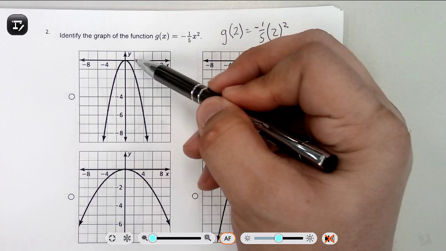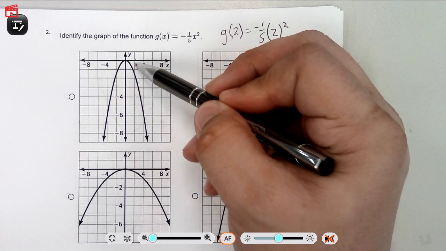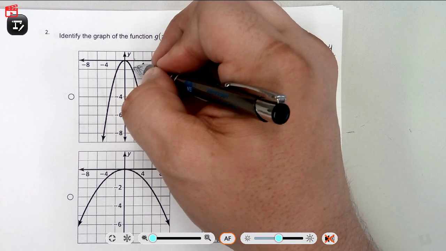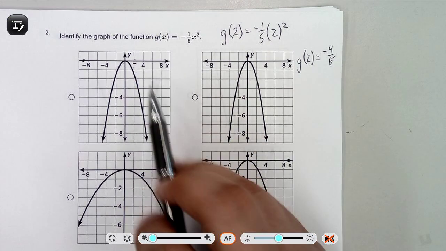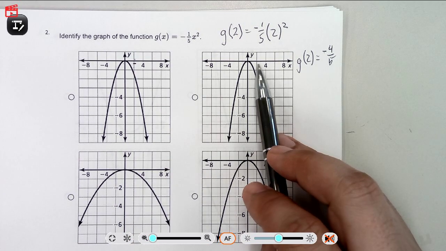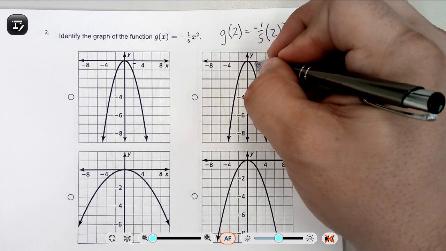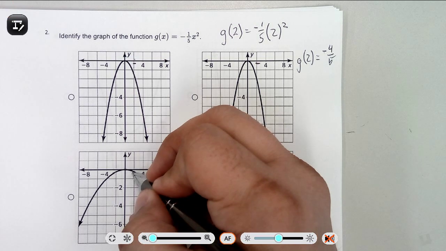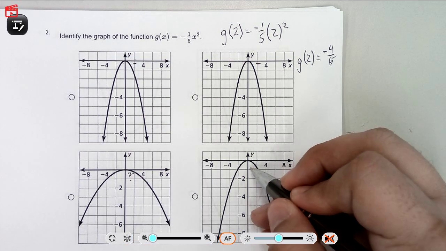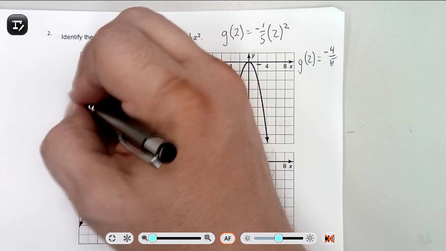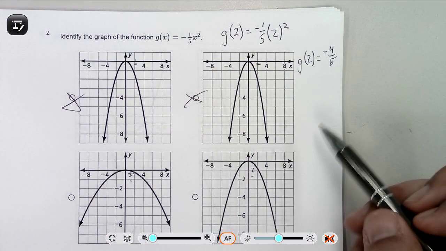So here's 2. I would expect negative 4/5 to be somewhere around in here. So that's not close. That's not close. This maybe, and this one maybe. So we can eliminate these.